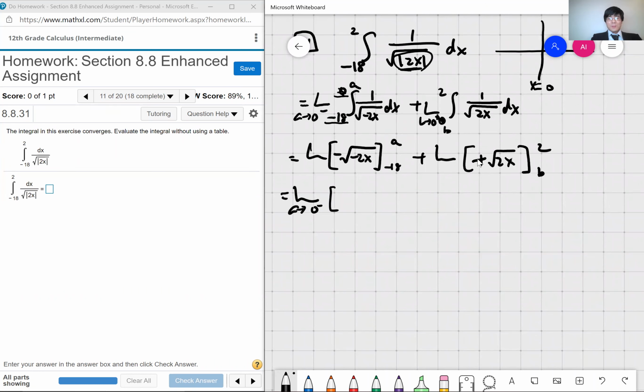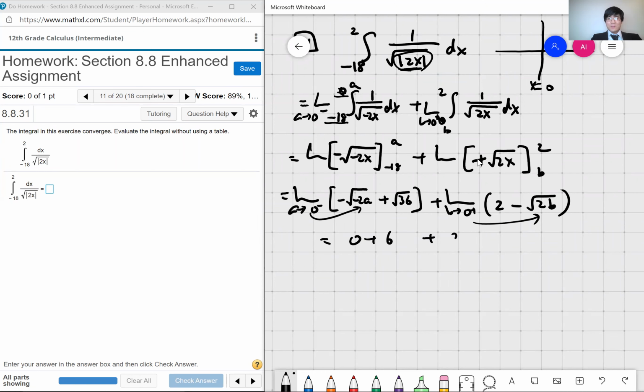So this is going to be minus the square root of 2a plus the square root of 36, plus the limit as b approaches 0 plus of 2 square root of 2 times 2 minus the square root of 2b. And you can simplify. So it's going to be 0 plus 6 plus 2 minus 0, which is 8.